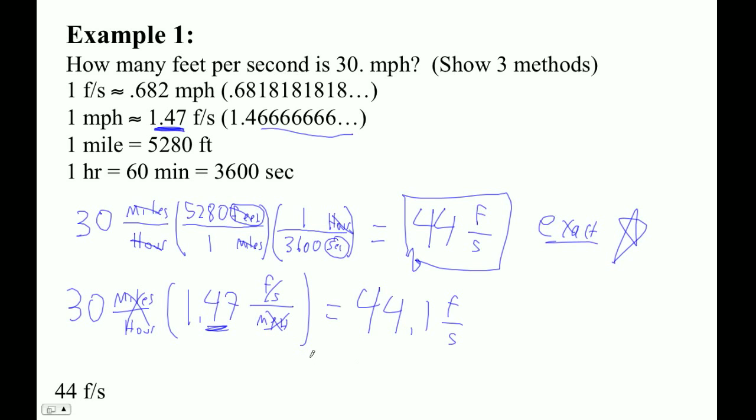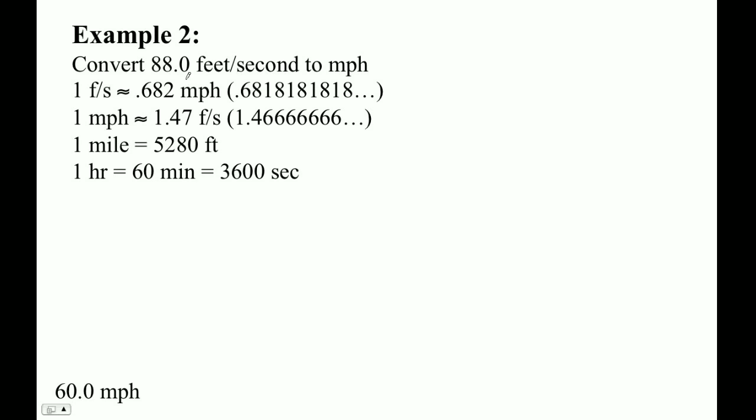Let me do another example here. Let's go 88 feet per second to miles per hour. So let's go the other way. So again, 88 feet per second. Let's do the exact way. Now you might guess, 30 miles per hour is 44 feet per second, and 88 would be twice that, so we should get 60 as our answer. Okay, so we want to cancel feet, so we'll put it down there.